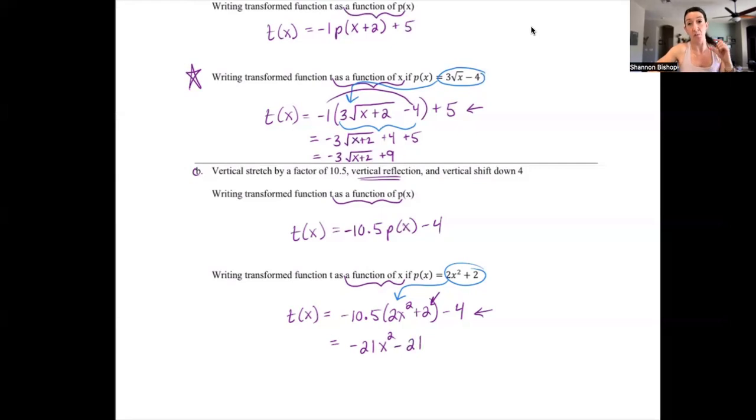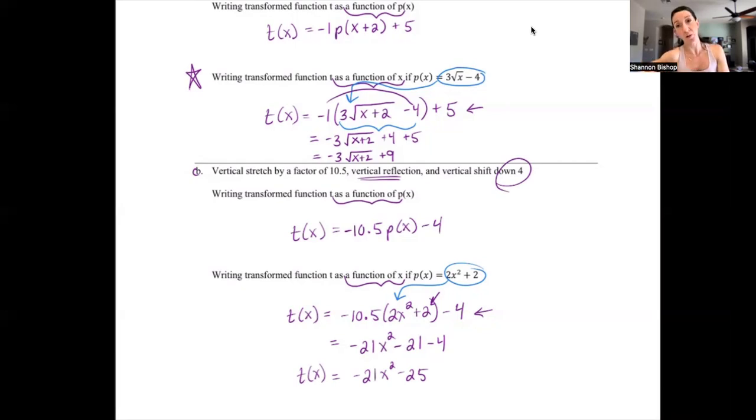That would be the reflection and the multiplication scalar on the entire outputs of the function. And then, of course, don't forget your -4. That also is going to bring it down 4. And if you simplify this just a little bit, it'll be -21x squared. What is that? -25. And that would be t of x as a function just of x.